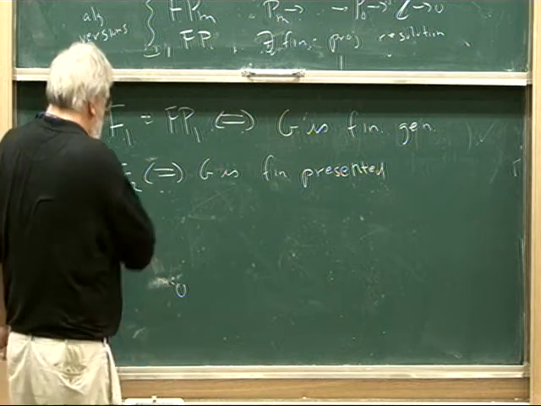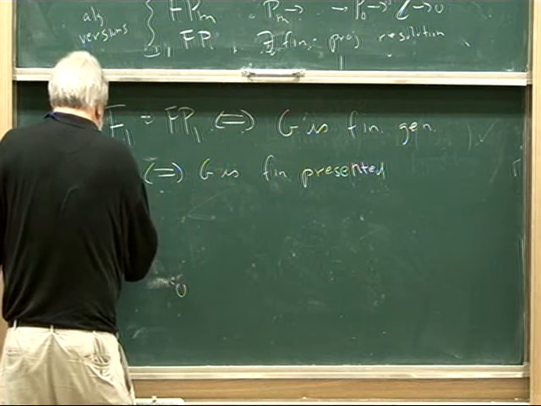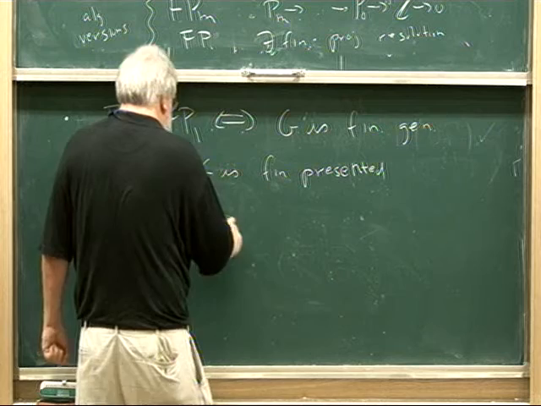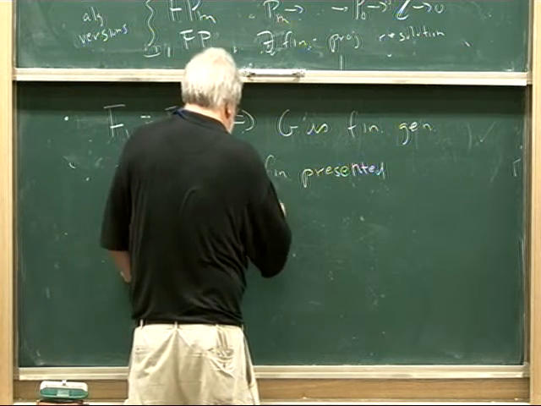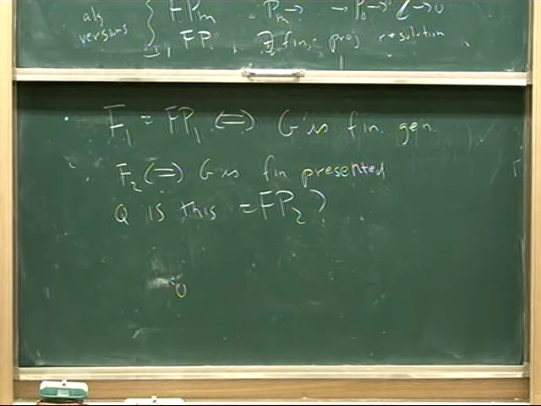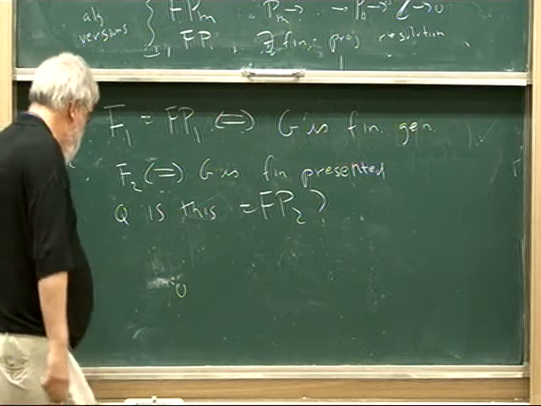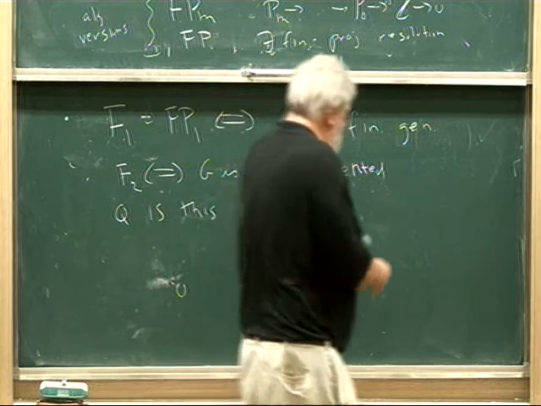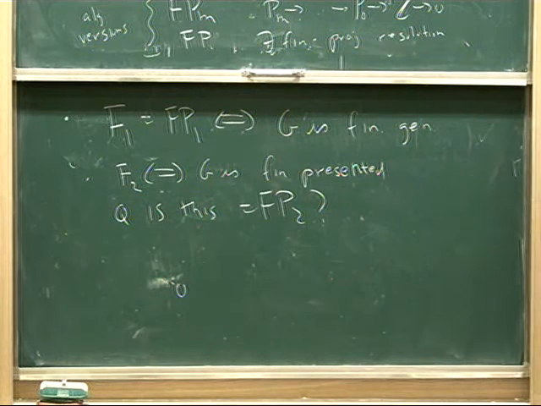It doesn't say that you can actually, so the question is more or less, is this the same as FP2? And versions of that. And in fact, that turned out to be known to be the only problem with these two things being different.